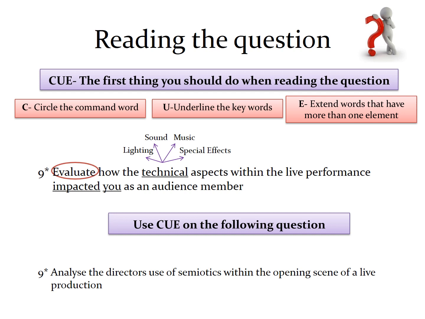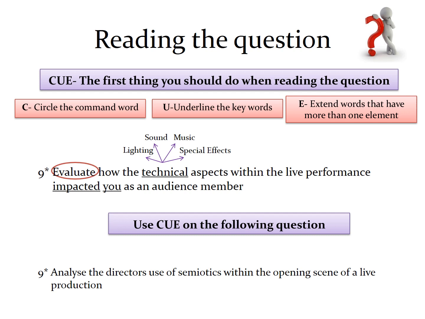This made me feel frightened of what was about to come. It impacted on me because it put me in suspense. And so I'm waffling here, but there are like 7-8 points in what I've just said right there already, marks. So you don't have to write loads. That's the other thing. So many people who have written quite short essays have got full marks because they're answering the question. It's just about picking up those marks.